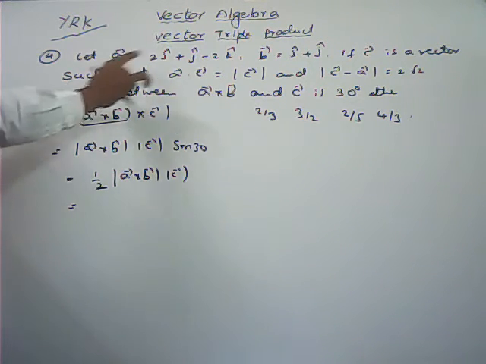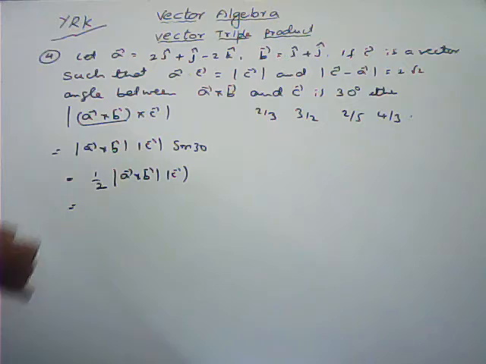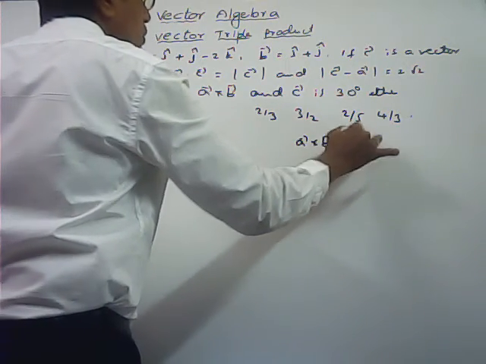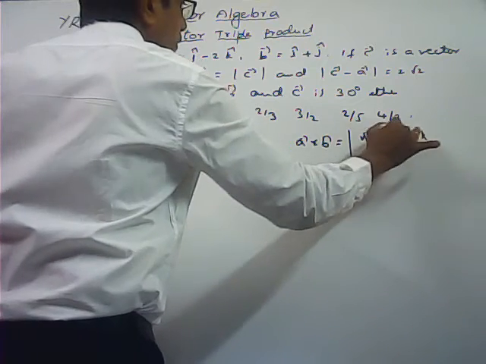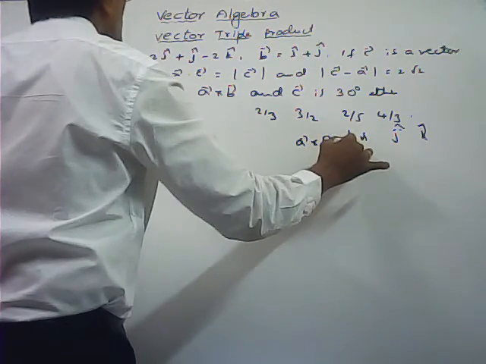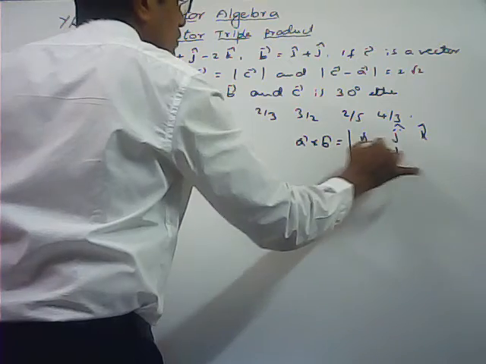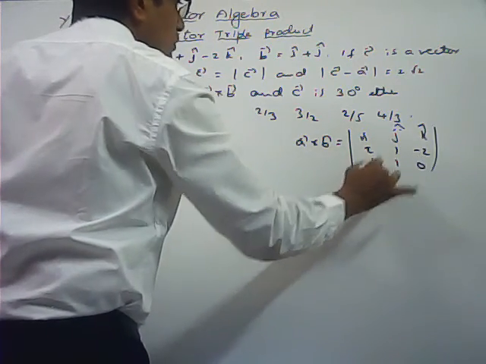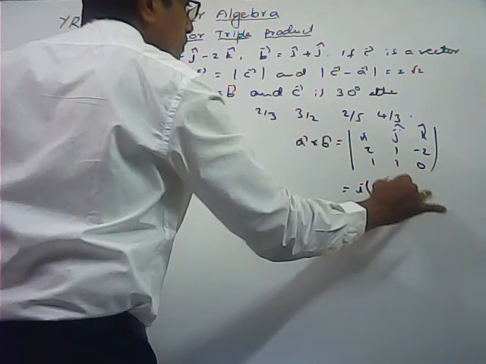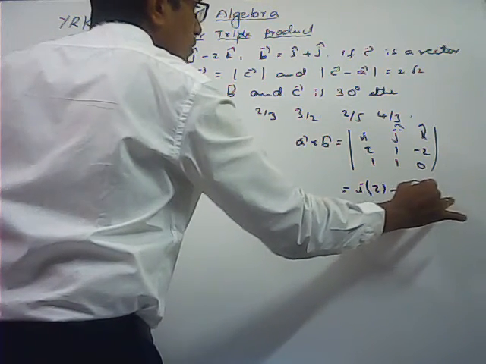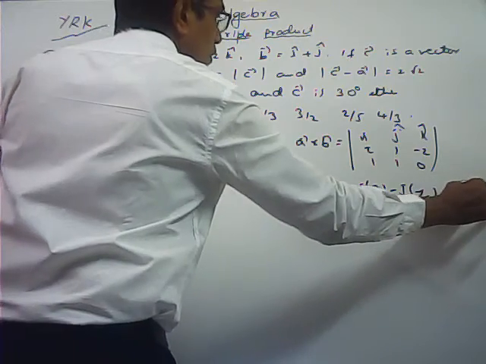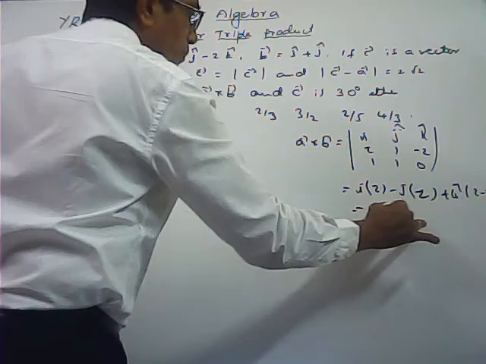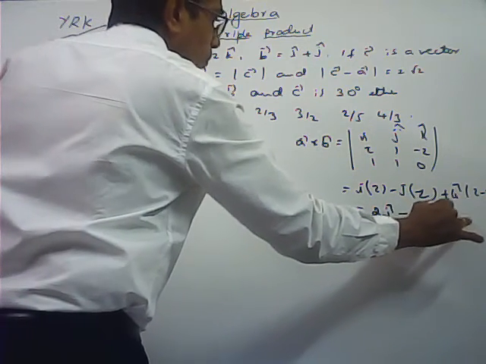So here A bar, B bar, two vectors are given. Here you can find out A bar cross B bar, that is equal to the determinant of i j k, 2 1 minus 2, 1 1 0, that is equal to 2 i cap minus 2 j cap plus k cap.